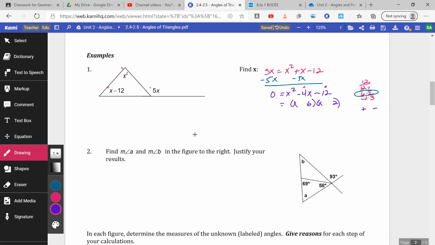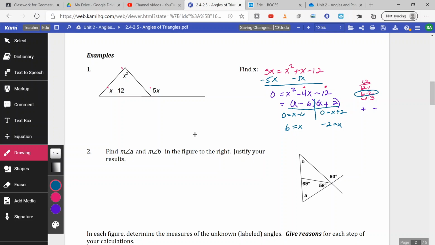So my larger number will get the minus, in this case it's going to be minus 6 plus 2. And now I split these up and set each one equal to 0. So 0 equals x minus 6 and 0 equals x plus 2. I'll add 6 to both sides, and I get 6 equals x. Over here, I'll subtract 2 to get negative 2 equals x.